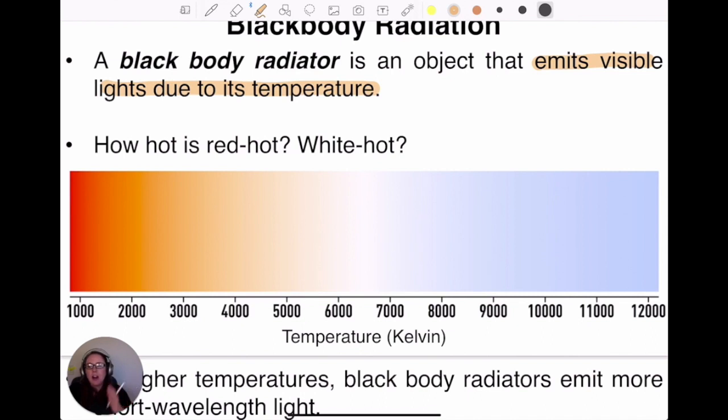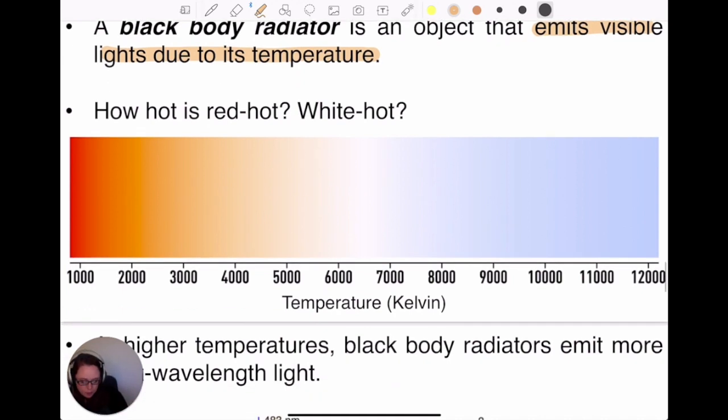And then the color of the object is going to depend on how hot the black body radiator is. So an electric stovetop gets up to about 1,000 Kelvin. So that would be red hot. So if something is red hot, it's going to be about 1,000 or 1,000 plus Kelvin.